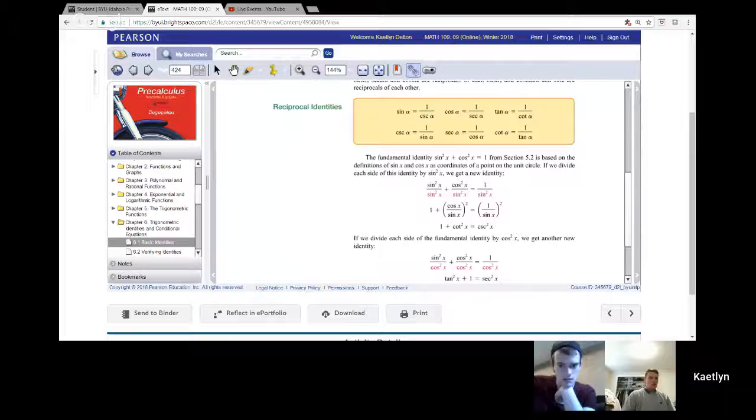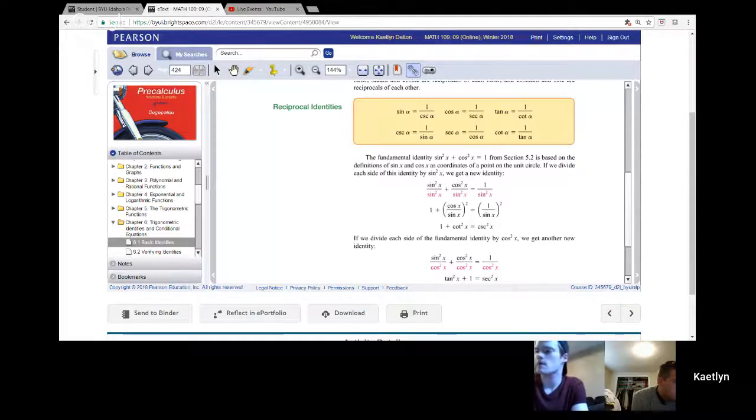So if we change tangent, it should come up with sine x or sine A over cosine A. Yeah, if we change the whole thing.